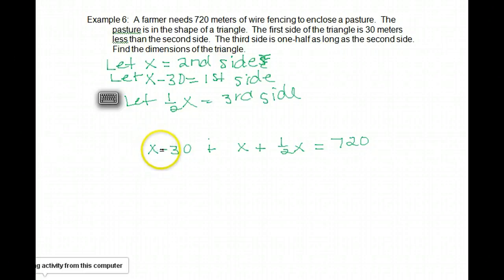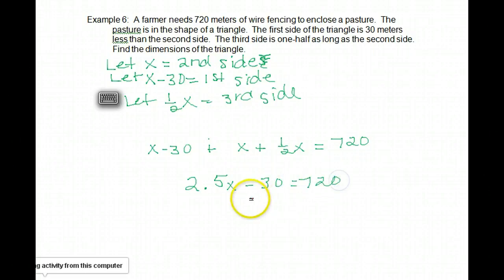So now I can combine like terms. x plus 1/2 x gives me 2.5x. I'm going to use a decimal. 2.5x minus 30 equals 720.